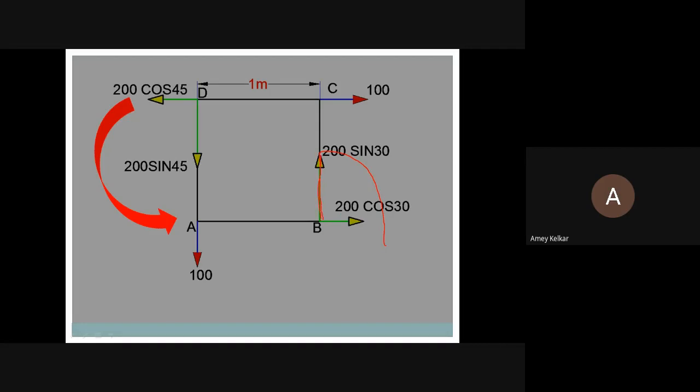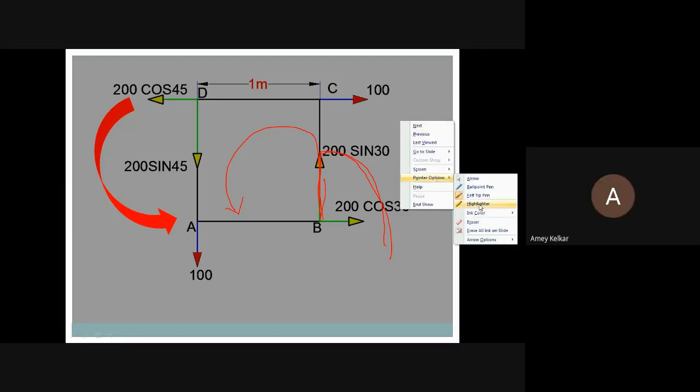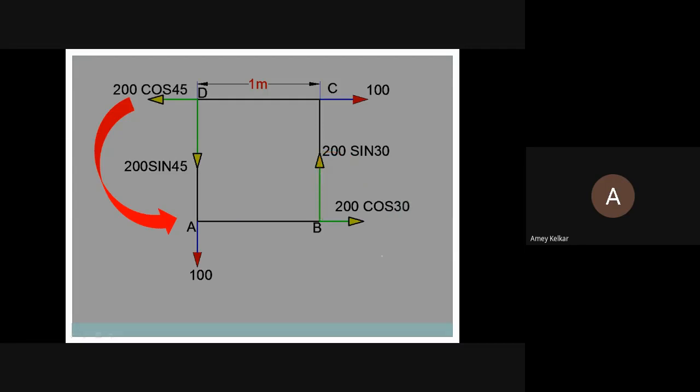Again, I cannot come down that way, as that cannot cause rotation, so I cannot repeat that path. I am going up here, so how will I turn? Like this I'll turn to come to point A. So which direction will it be? Anti-clockwise.